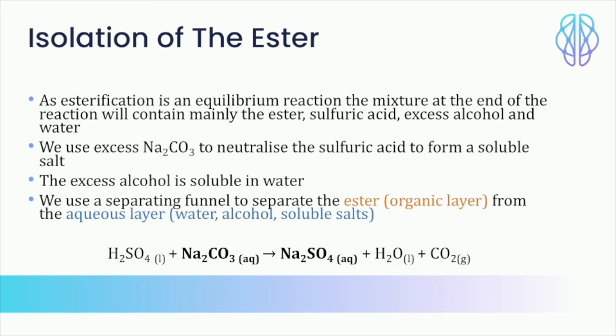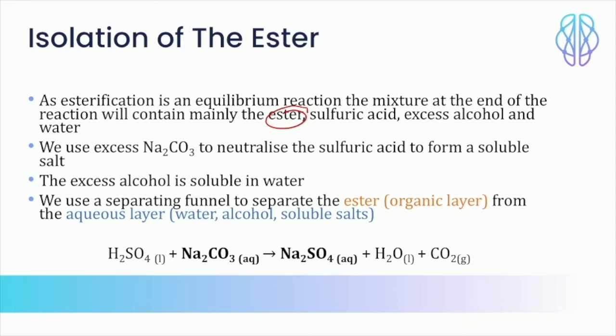You added excess alcohol to maximize that yield, so some of that alcohol is still going to be there at the end. And you have water, because a byproduct of esterification is indeed water. Alcohol and carboxylic acids combine to give you the ester and the water. Of those, you want just the ester.